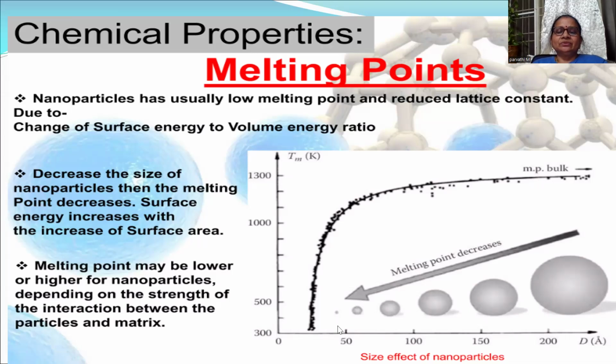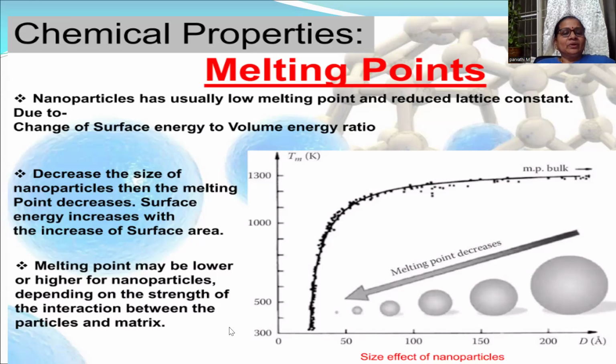Between 0 and 50 diameter, it is shown like a dot. On the y-axis is temperature: for the bigger circle it is 1300 Kelvin, whereas for a small particle it is 500 Kelvin. So the melting point is reduced as the nanoparticle size becomes smaller.